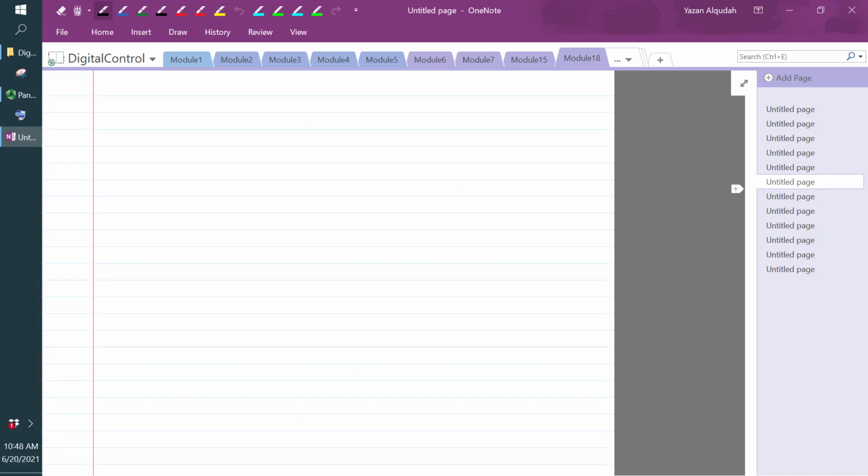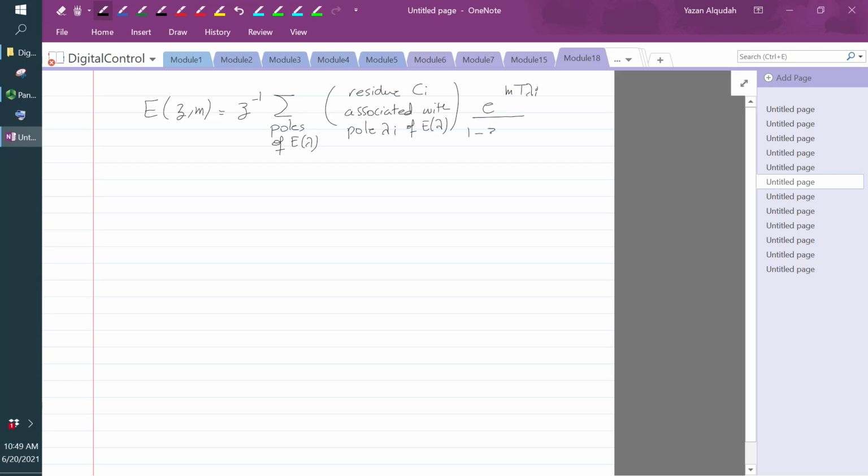So therefore E of z comma m is going to equal z to negative 1, the summation over the poles of E of lambda, and we're going to take the residue c_i associated with pole lambda_i of E of lambda, e to m T lambda_i divided by 1 minus z to negative 1 e to T lambda_i.